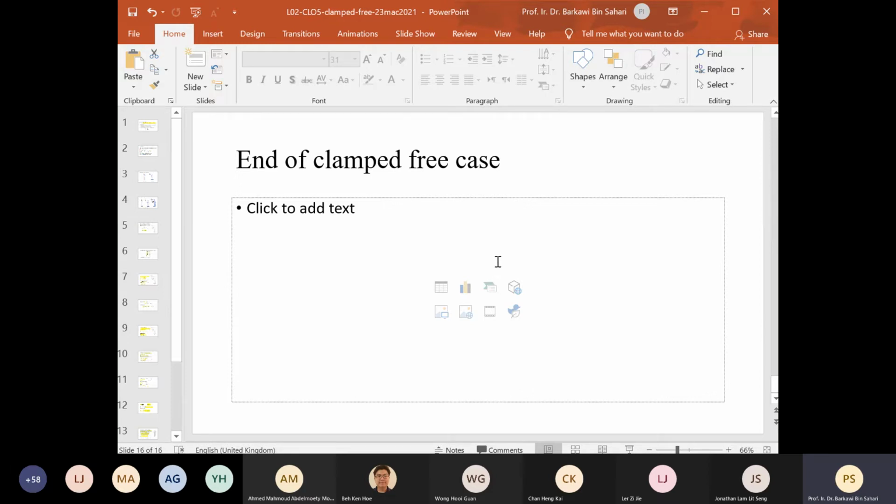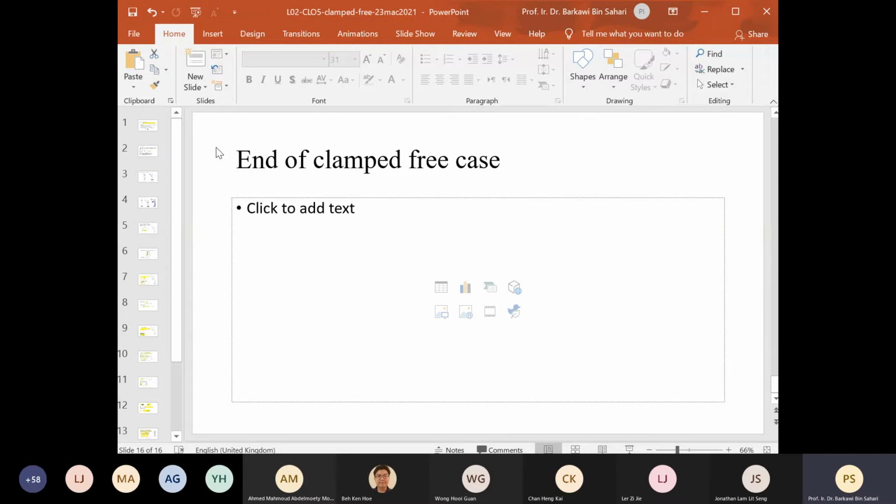Before I go to the extension, we want to look at equivalent or effective length, because to generalize the solution for the column problem, it's best to introduce an intermediate topic, which is effective length.